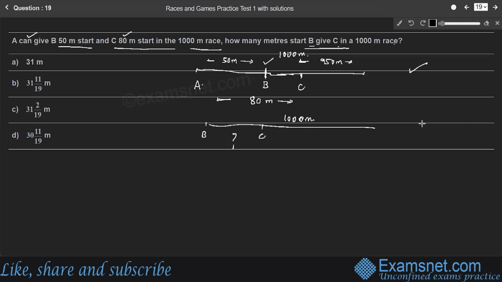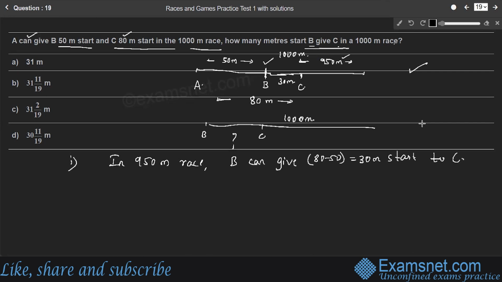Therefore, in a 950-meter race, B can give 80 minus 50, which is equal to 30 meters start, to C, right?